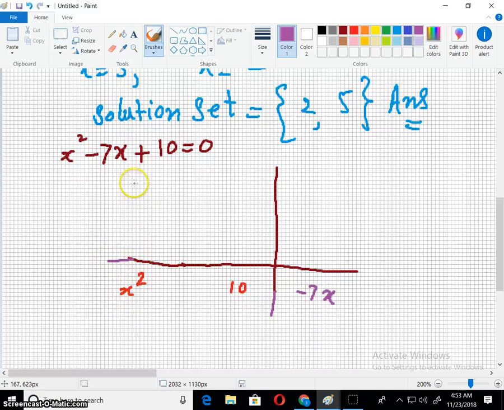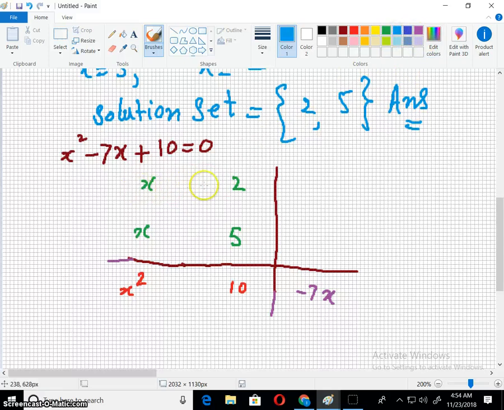x square can be factored as x times x. Now I need to factor 10. Here you can use the trial and error method as well. If I use 2 fives are 10, then I will multiply these numbers as well.